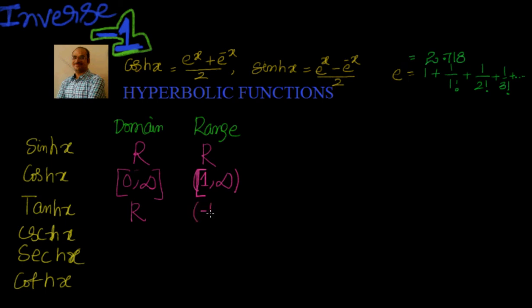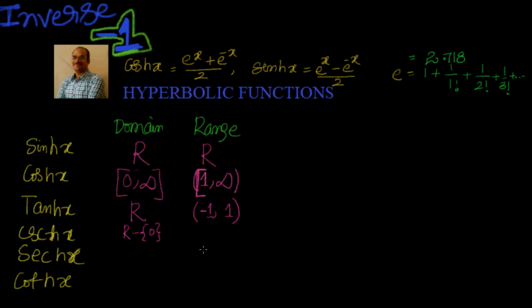If you remember, we can have all the values other than 0. Can you tell me why we can't have 0? Because cosecant hx is 1 by sine. When x equals 0, it becomes undefined. So for cosecant hx, the domain is R other than 0, and the range is also R other than 0.